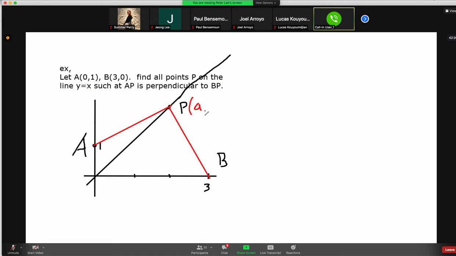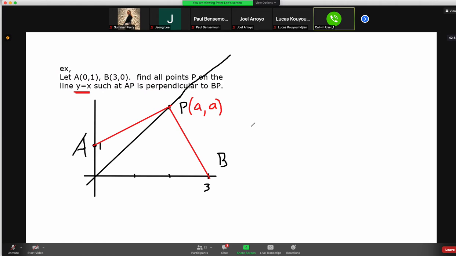Since this point P is on the line y equals x, that means y should also be a as well, not 4, but a, because the point should be on the line y equals x. So for the X coordinate, you just call it a or b or whatever, any letter which is not used, and then the y value must follow the condition. It says here y equals x, so a.